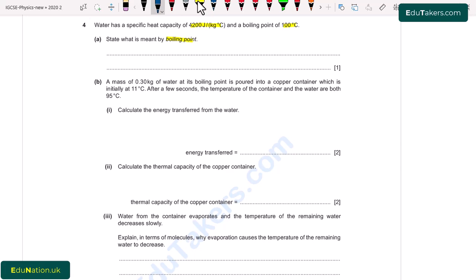So I write here the temperature at which liquid changes into gas is called boiling point.